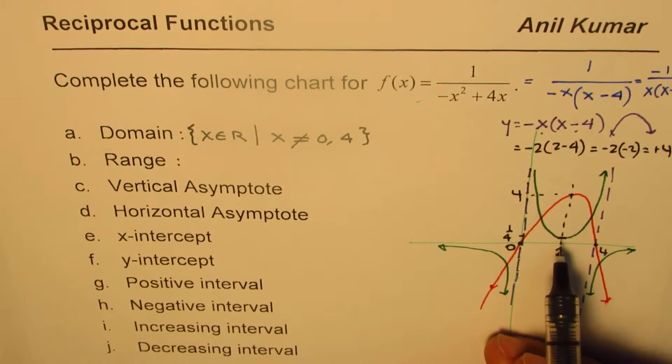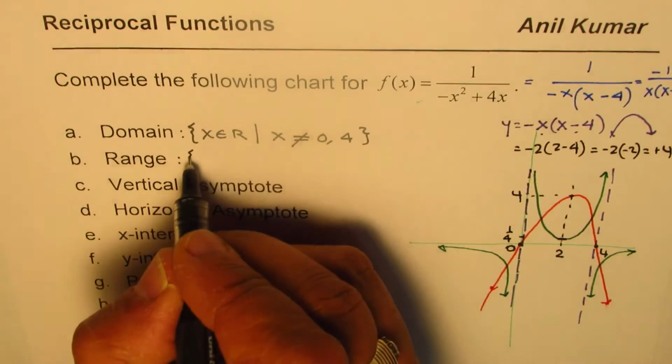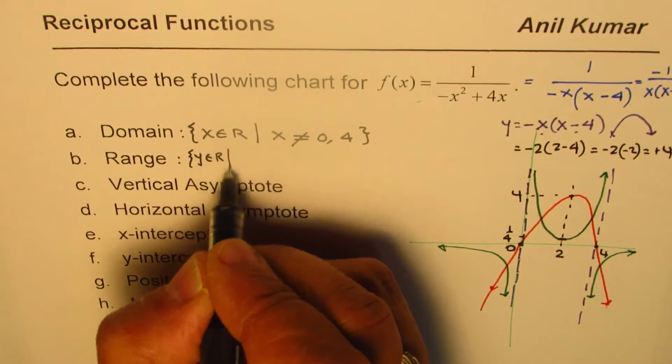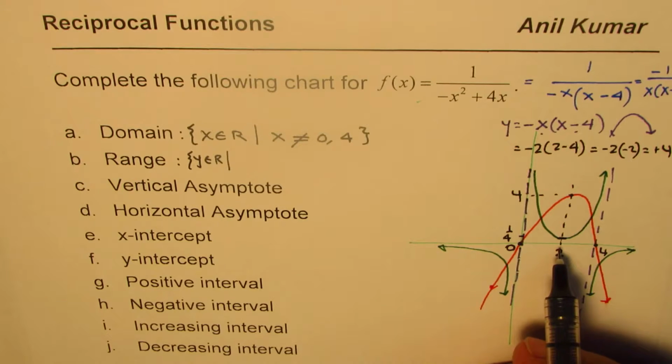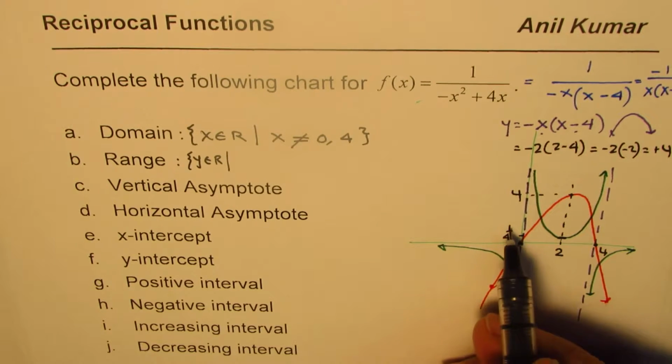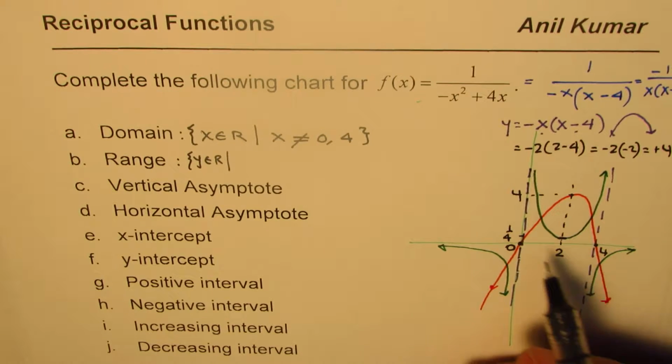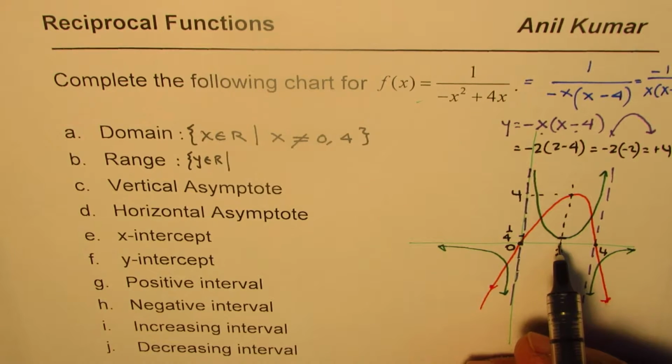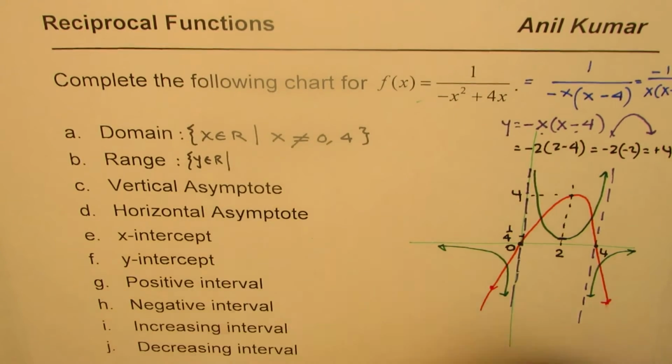So as far as the range is concerned, we have y belongs to real numbers, so that y is less than 0 and greater than 1 over 4. Do you get an idea, right? So that is what the y value is. Y value cannot be between 1 over 4 and 0, including 0, right? So we could write in two different ways.